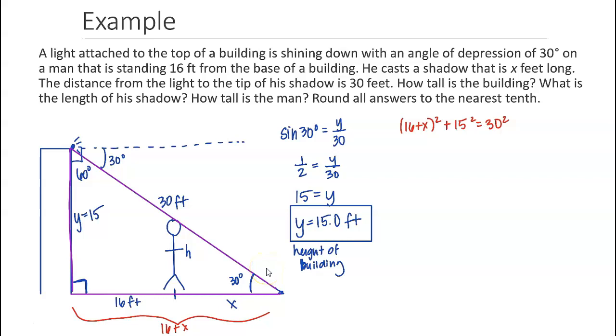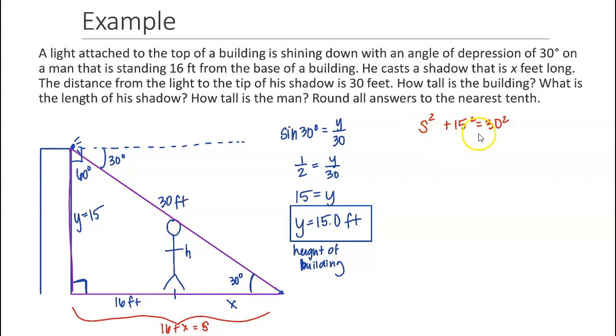What I could do is call 16 plus x a different variable. Let's call it s for side, and replace (16 plus x) squared with s squared. Then when we get s, that's the whole thing, and we could subtract 16. This isn't as bad, though it's still pretty big numbers.